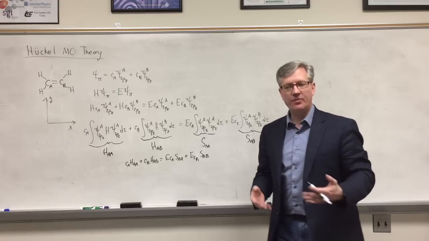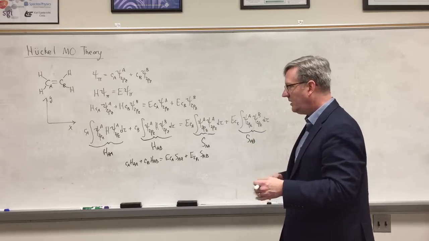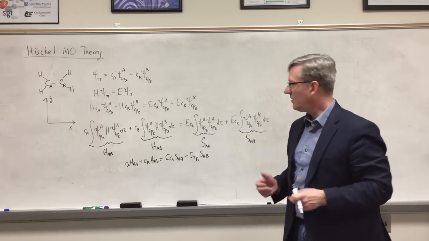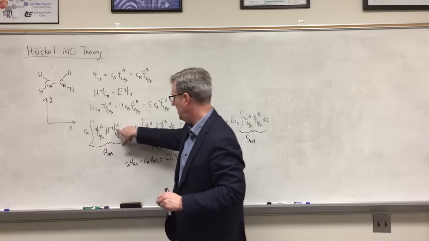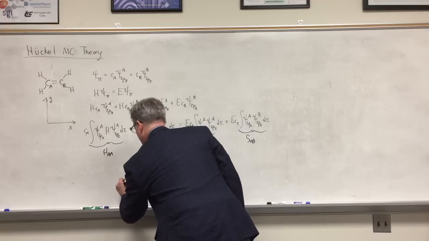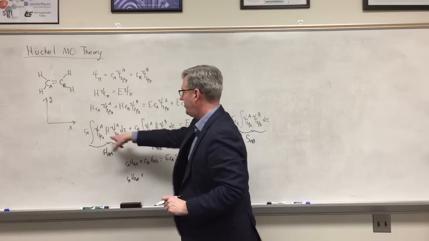What if instead I'd multiplied on the left by psi 2pz B? Then the equation changes only a little. Here I would have a psi 2pz B H psi 2pz A. That would become C sub A HBA for that term.